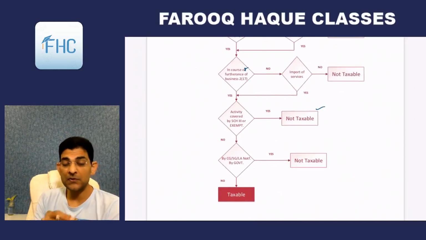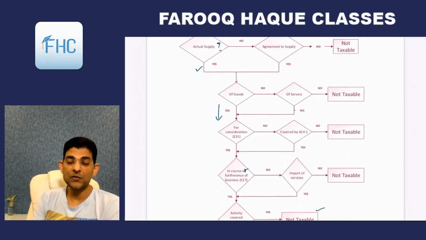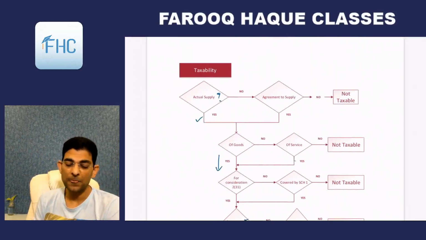If no, means all the conditions are satisfied and it is not exempt or not covered by Schedule 3, then is it by government or local authority as notified by the government, that is public authorities? If yes, then again they are not taxable, but if no, then they are taxable, means all the conditions are satisfied. So this is straight down.